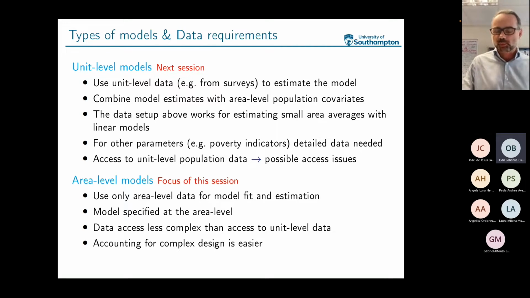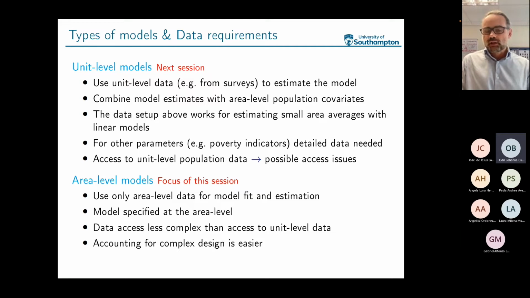Again, you can use some of these population covariates, and the population covariates are effectively relevant to what you're modeling. So if you try to set up a model for income that you can then use for poverty mapping, then the covariates that you use to estimate the model should be predictive, obviously, of what you're trying to model.